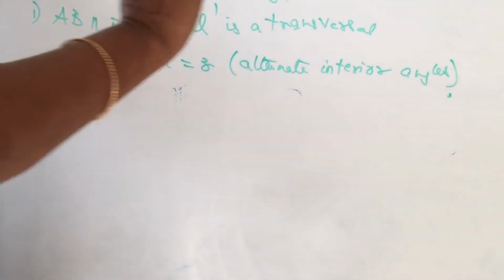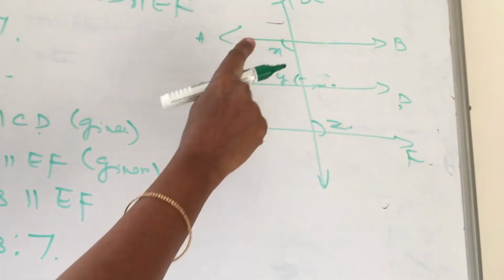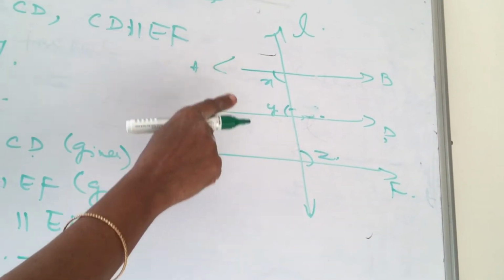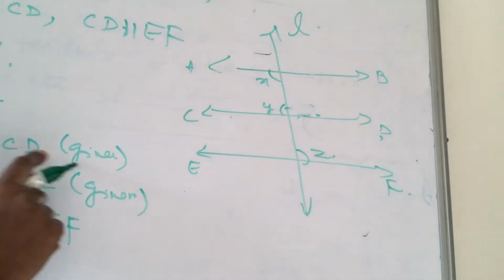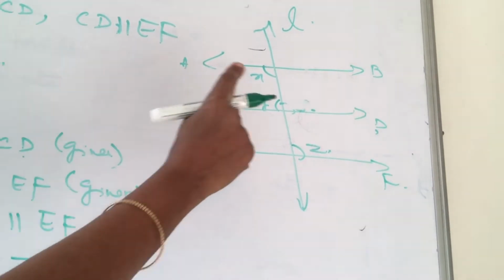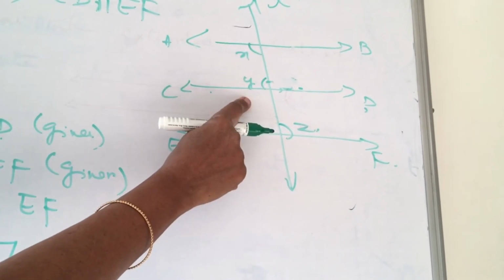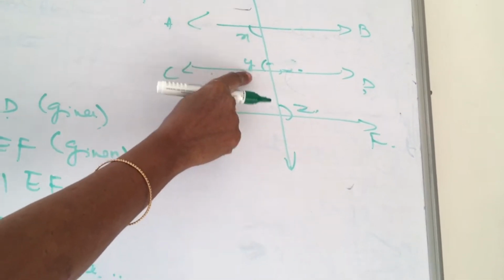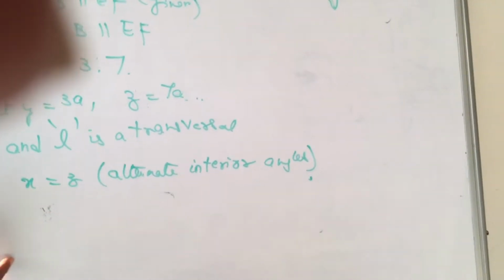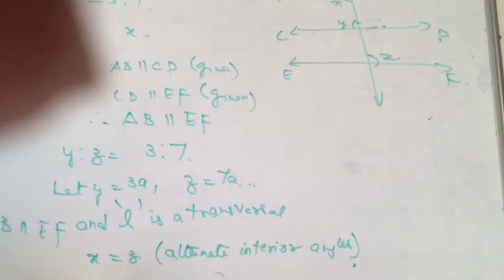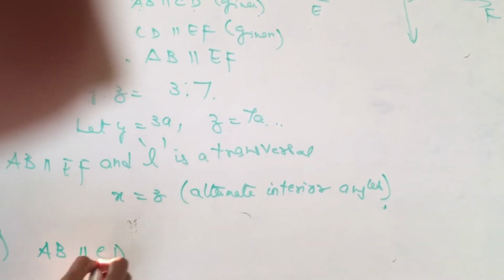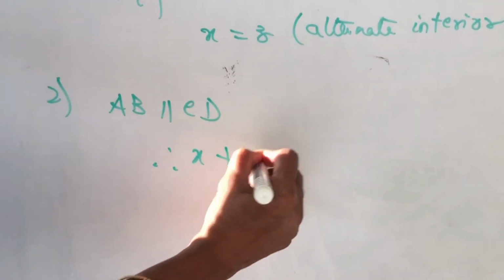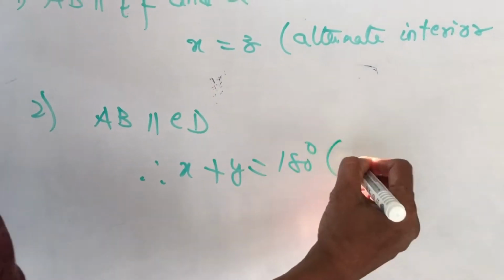Second step, children. How are AB and CD? In your question, they are parallel. So what are X and Y? The sum of interior angles on the same side of the transversal. AB parallel to CD, therefore X plus Y is equal to 180 degrees.